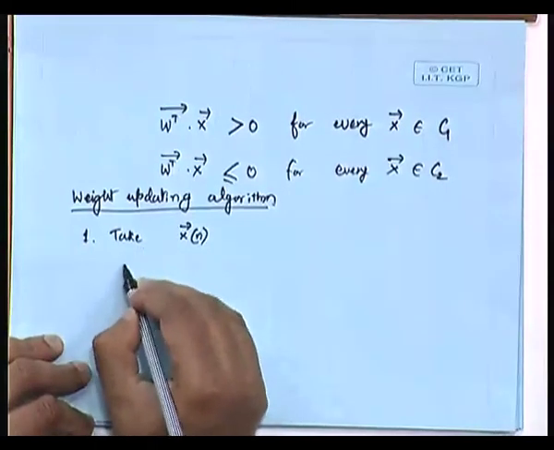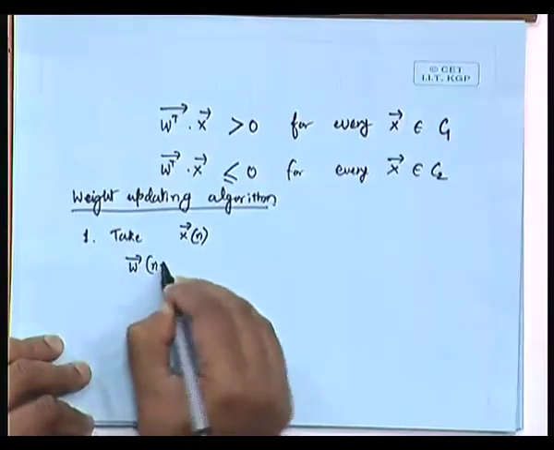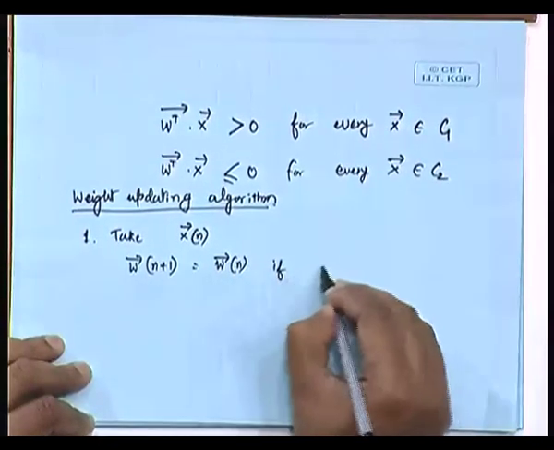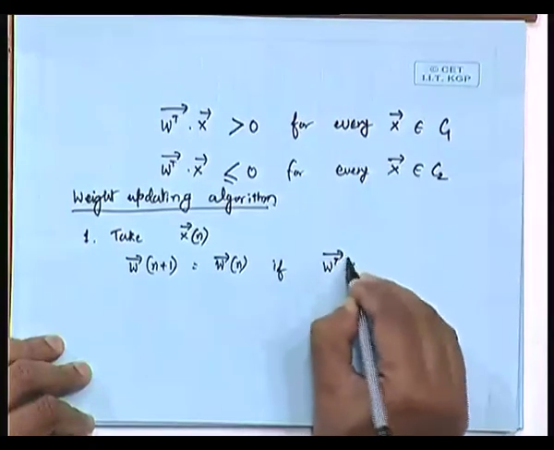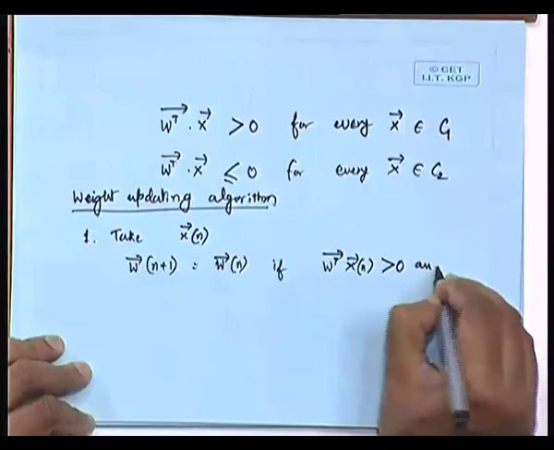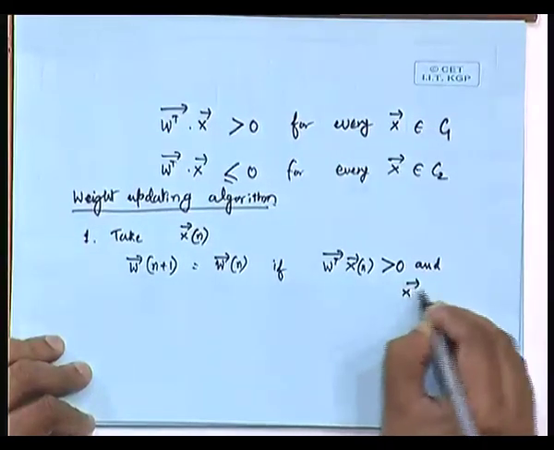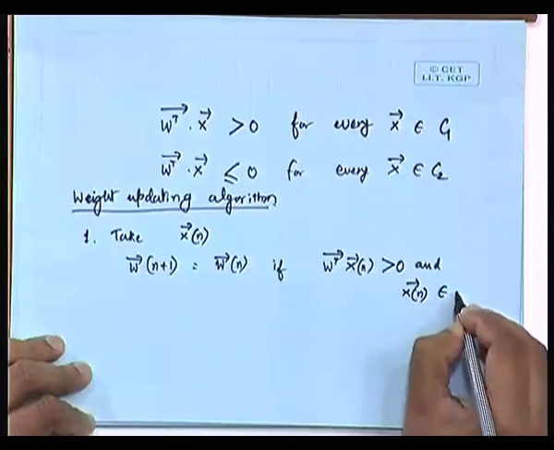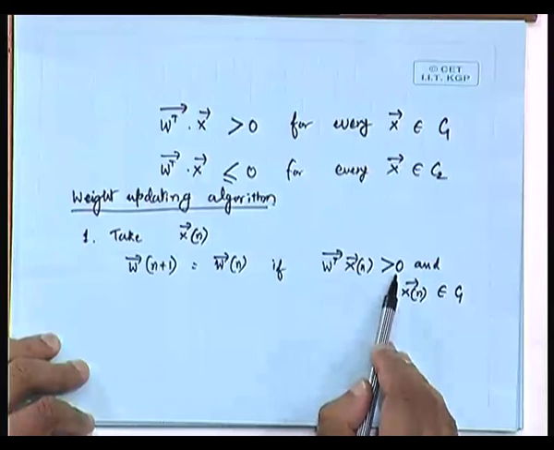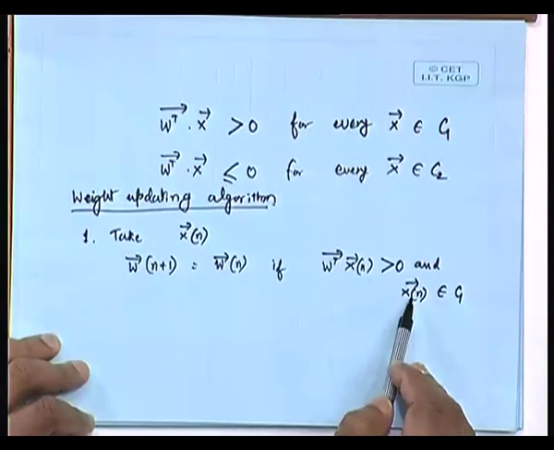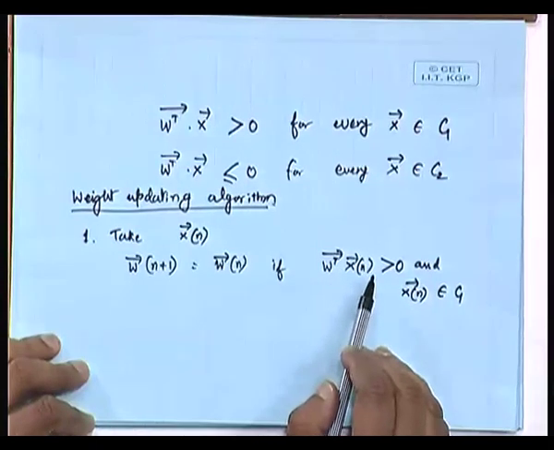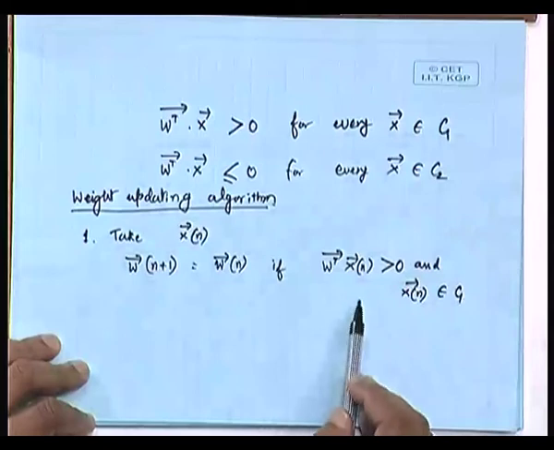The updating rule says that Wn plus 1 is equal to Wn if W transpose xn is greater than 0 and xn belongs to class C1. That means it is greater than 0 and xn belongs to class C1, so is it a correct or incorrect classification? Correct classification. It is following in line with this.